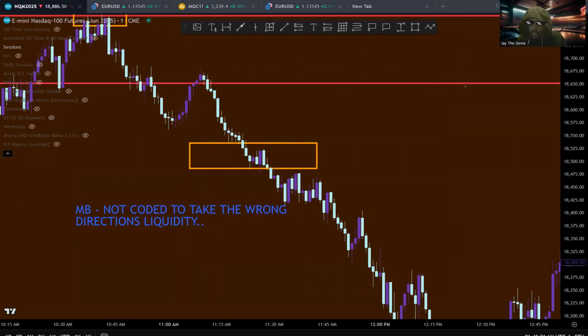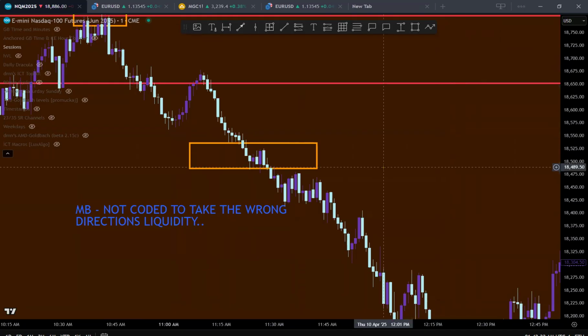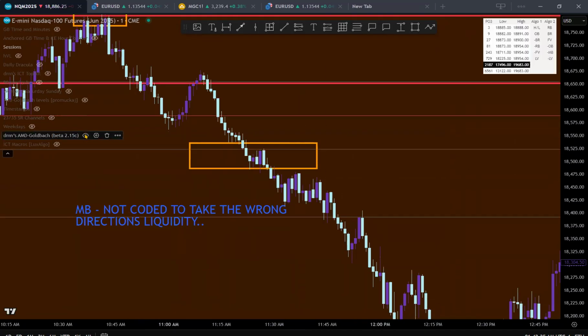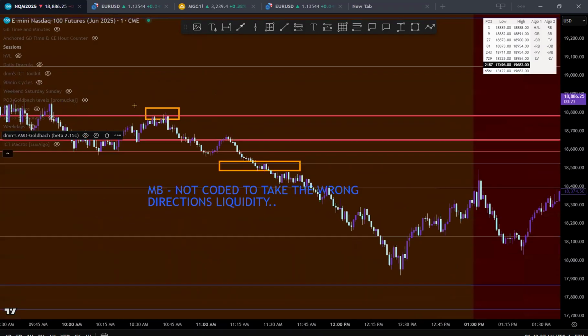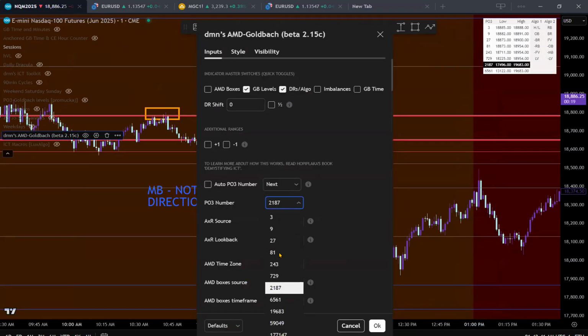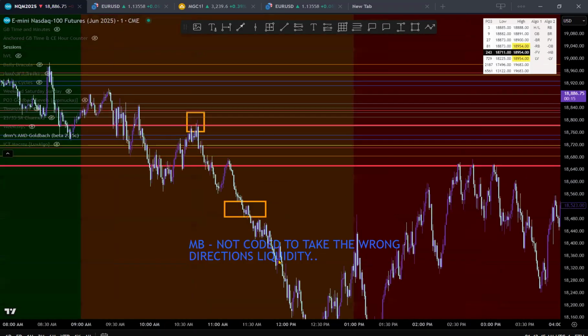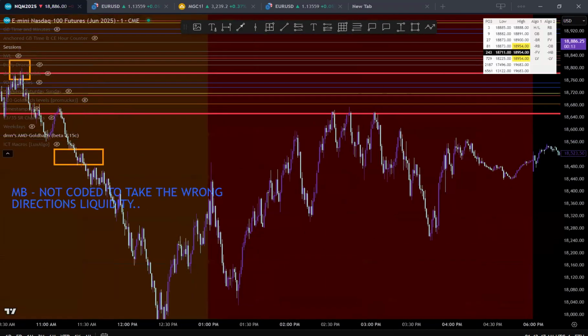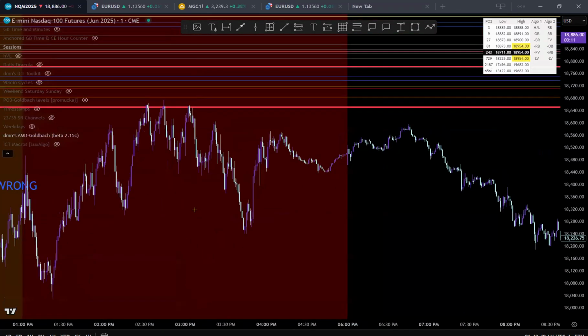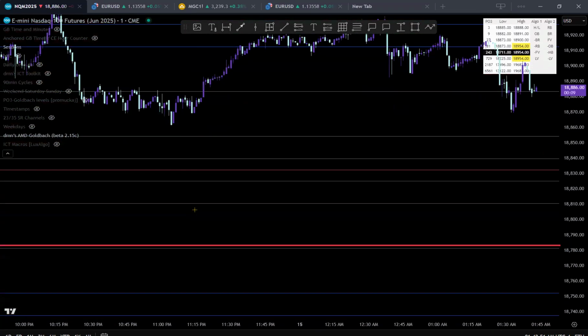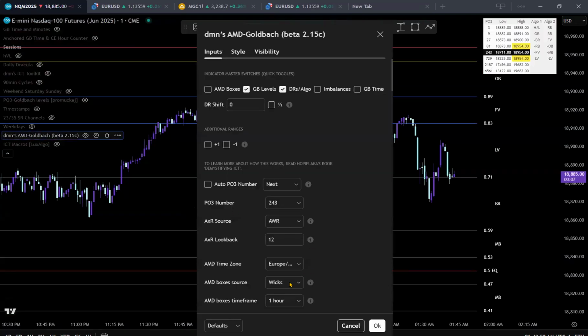You'll get to a point where, now watch. Let's say we talk about smaller levels, right? For example, we talked about the 2187. Let's pull it down. 243. It's not the smallest one, but it's not the biggest one. But even if we go to a pretty current market, let's pop down here.